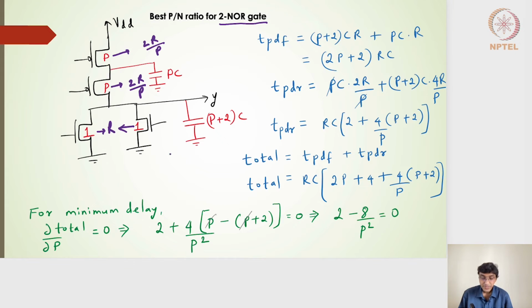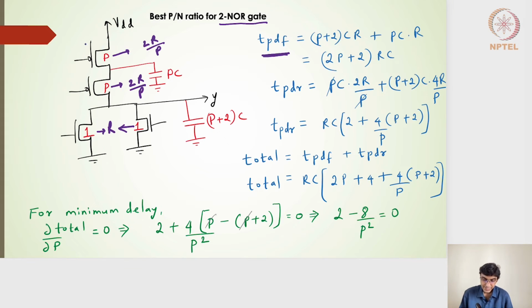And now I should be ready to evaluate the expressions of the propagation delay falling and then rising. So the propagation delay falling in this case will be nothing but P plus 2 into C multiplied by R plus PC multiplied by the shared resistance of R. So overall the propagation delay falling in terms of P will be 2P plus 2 into RC.